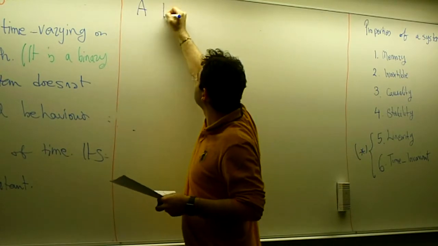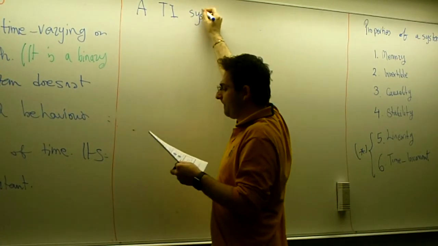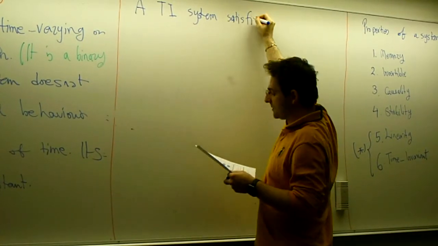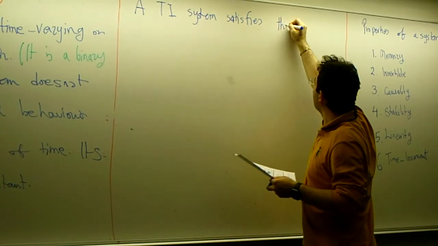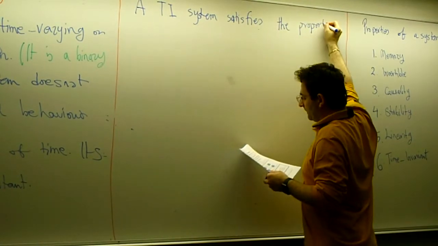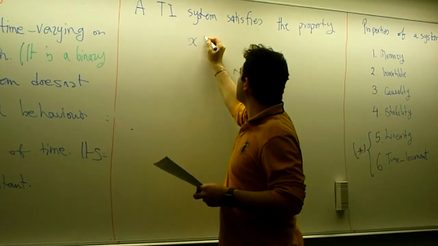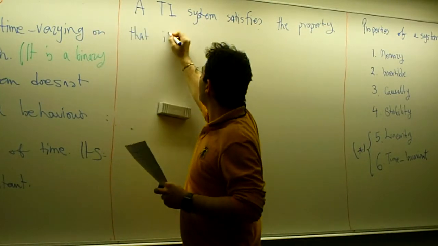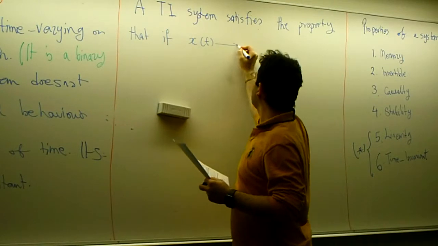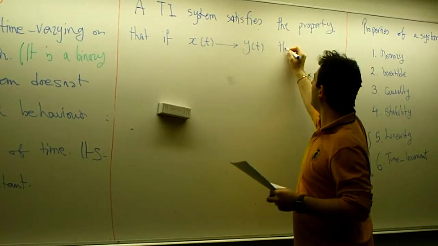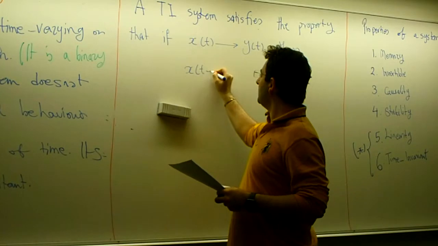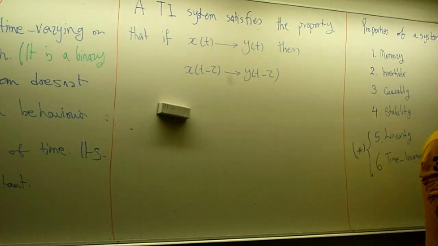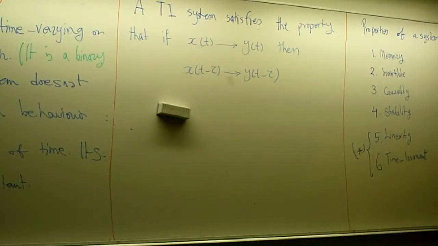A time invariant system satisfies the property that if x(t) gives us y(t), then x(t minus tau) will give us y(t minus tau). So the same time shift will affect the output.